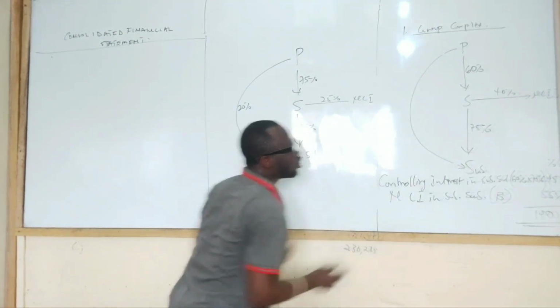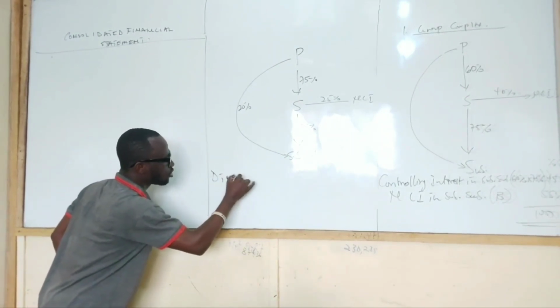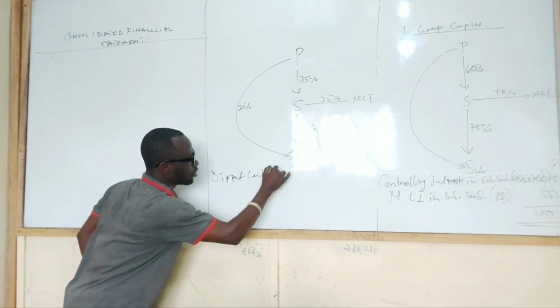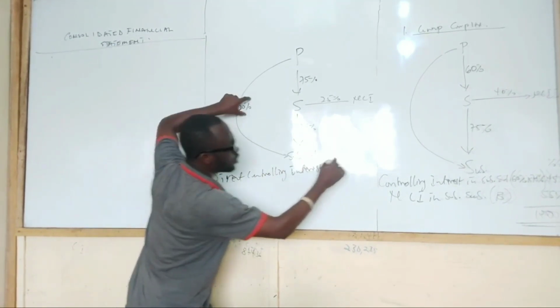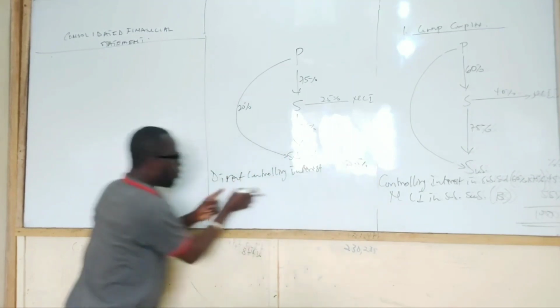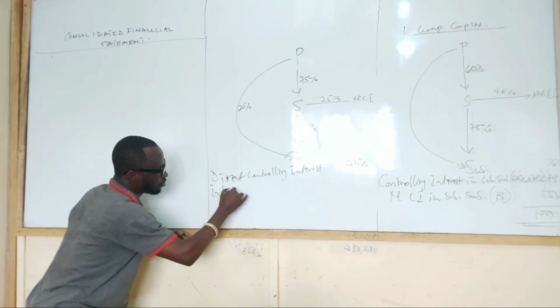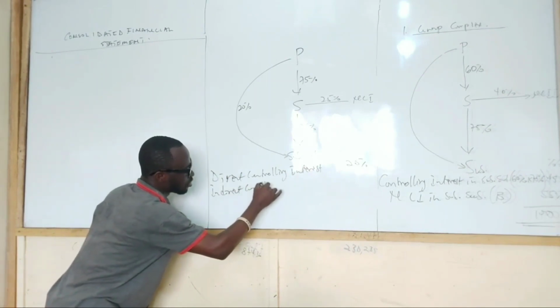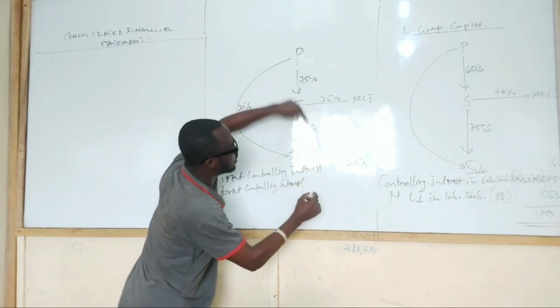So to get the controlling interest here, we will bring the direct controlling interest, and that is the 20%. Then we bring the indirect controlling interest through the subsidiary. What's that? This times this, right?